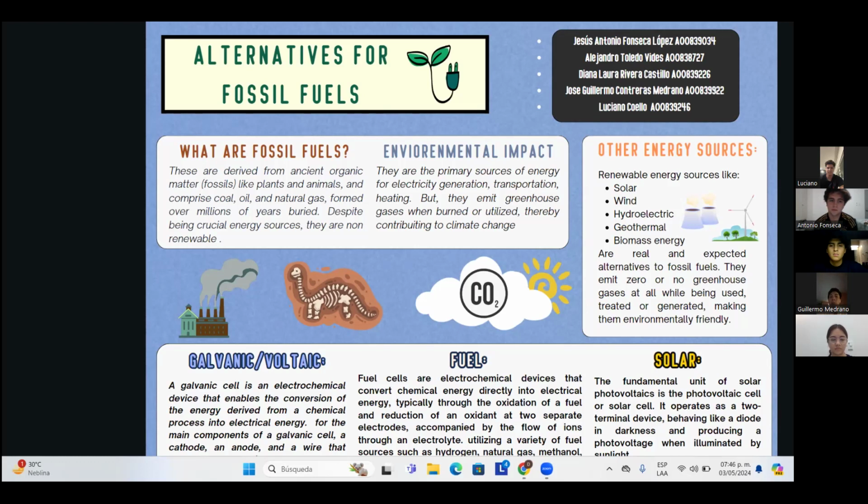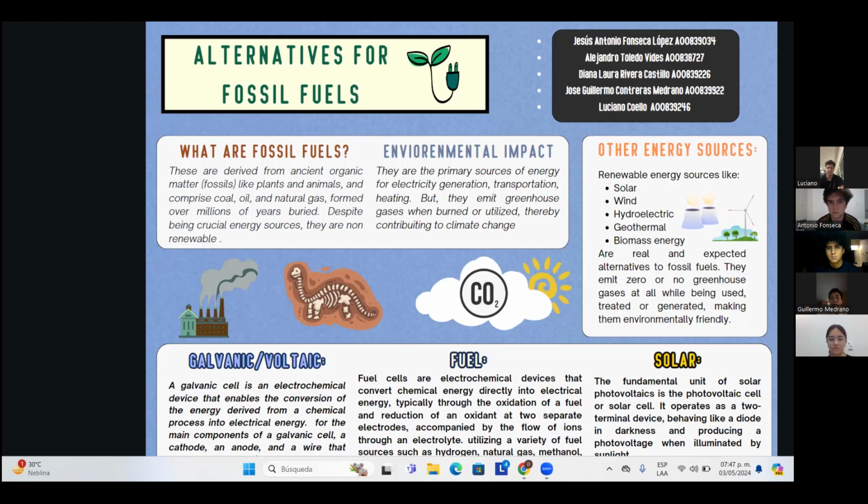Despite being crucial energy sources, because nowadays they are the primary sources of energy for electricity generation, transportation, and heating, they are non-renewable. We have a limited amount of them here on Earth, and they emit greenhouse gases like CO2 when burned or utilized, thereby contributing to climate change.